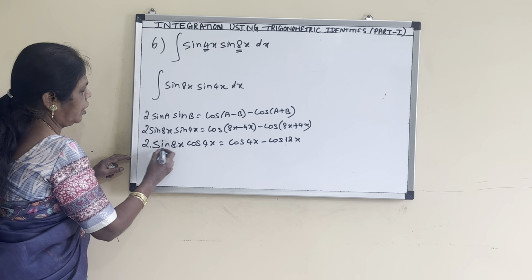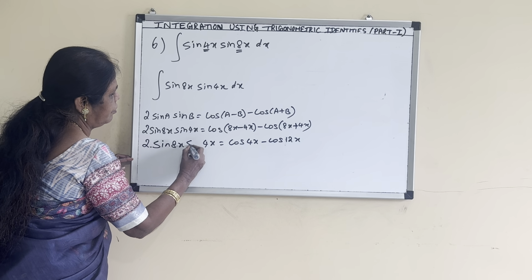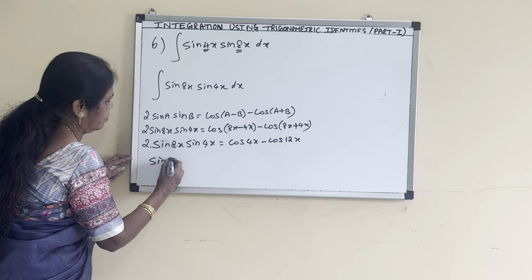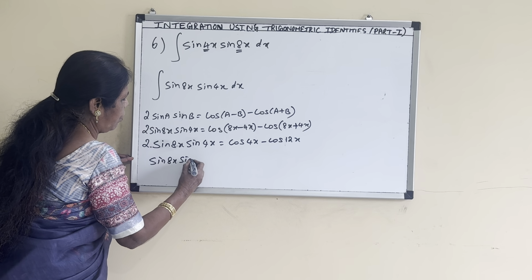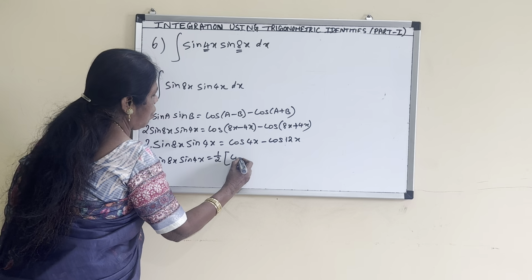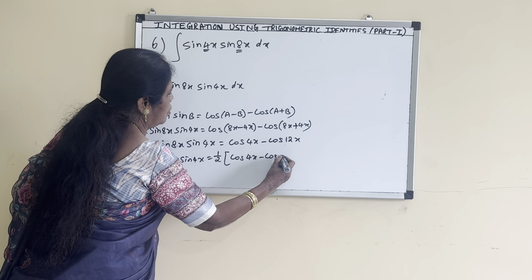So we need only sin 8x sin 4x. I made a mistake there. It is sin 8x sin 4x equal to 1 by 2 into cos 4x minus cos 12x.